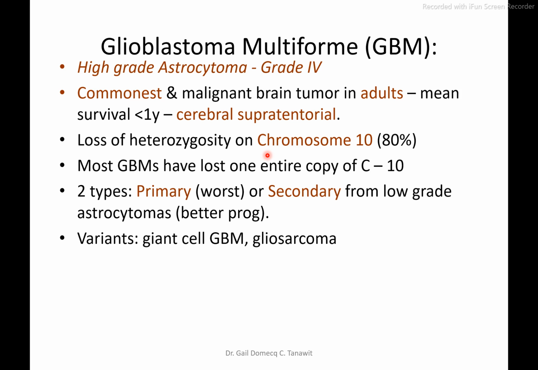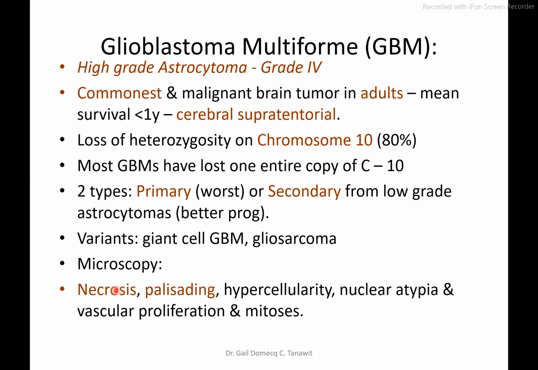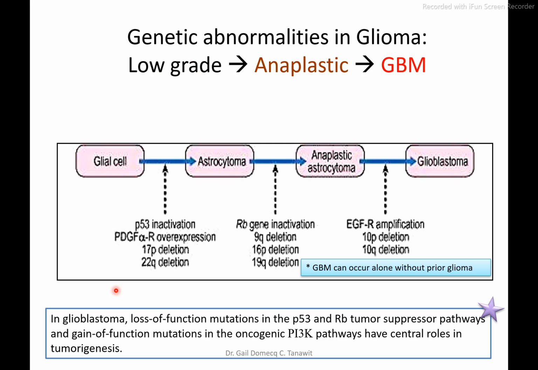Variant will have a giant cell glioblastoma, and let's look at the microscopy. Meron tayong presence of necrosis, palisading. When you say palisading, naglilinya-linya sila on the periphery. There is hypercellularity, nuclear atypia, vascular proliferation, and lastly, high mitosis.